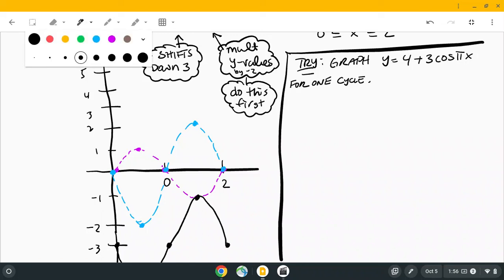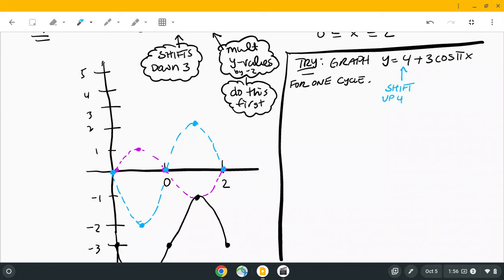Okay. Here, let me use a different color. I'm going to use blue to dissect this. This is going to be a shift, and since it's positive 4, it'll be up 4.